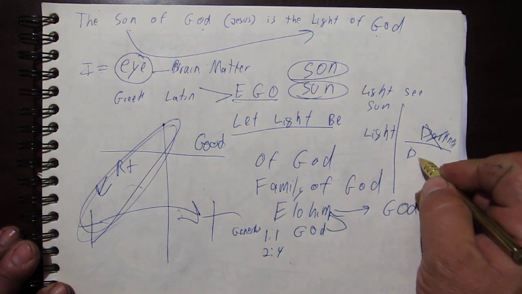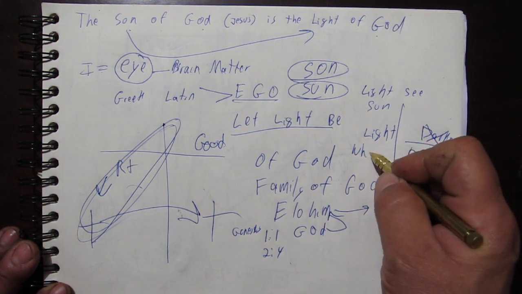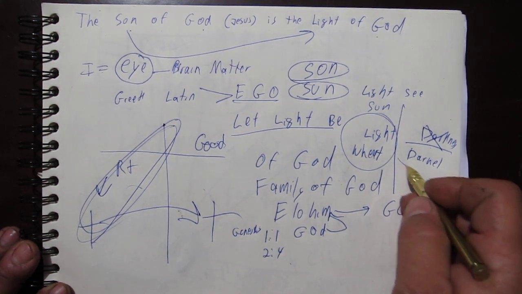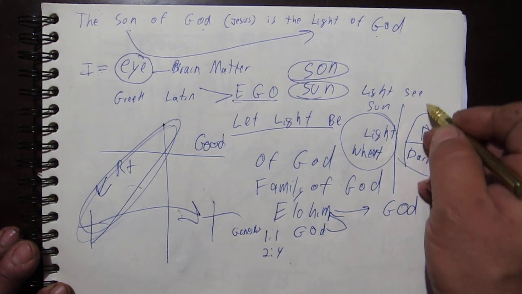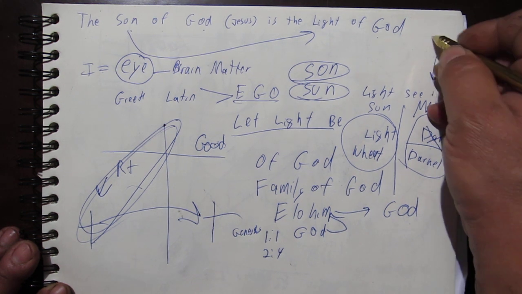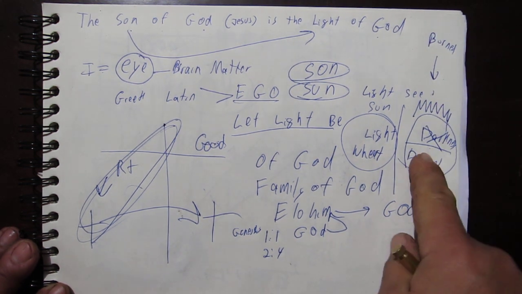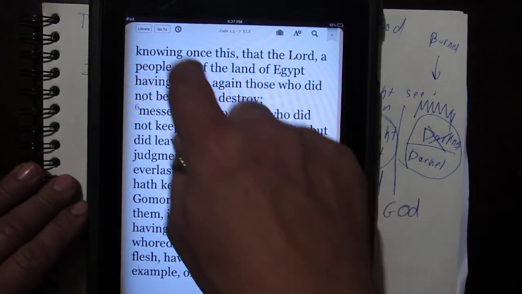The darnel does not become wheat. The wheat is in the light, and the closest the darnel come is that they are burned. The same darnel that's burned, we also have in Malachi.